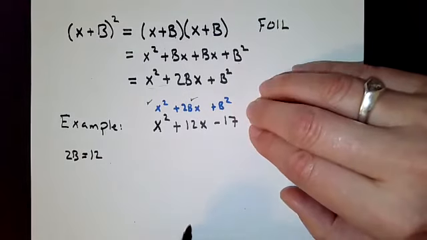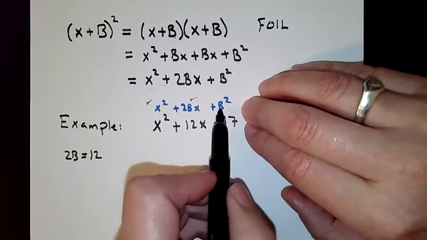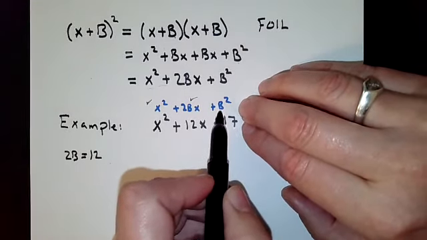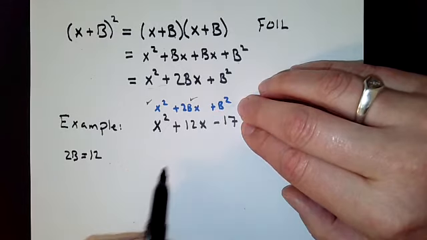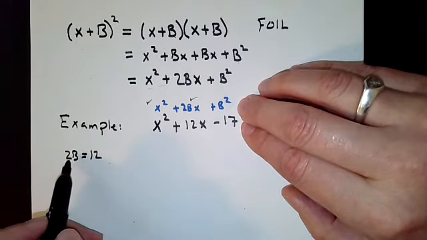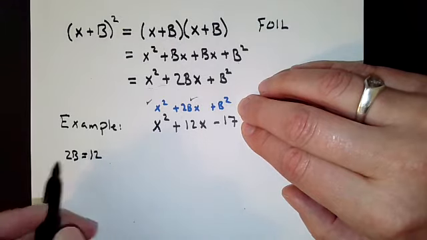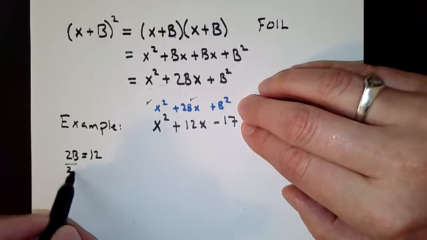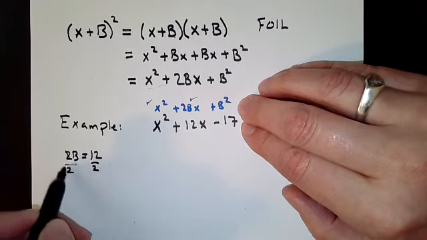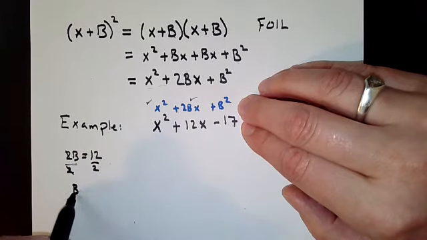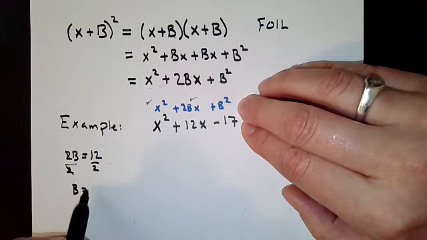The last term becomes problematic though, because b squared depends upon what the value of b is. Well, we know that 2 times b is equal to 12. So if we divide both sides here by 2, we see that b is equal to 12 divided by 2, which is 6.